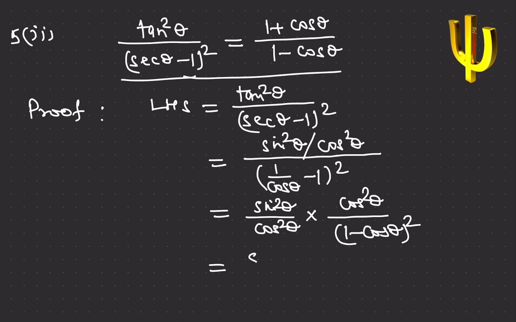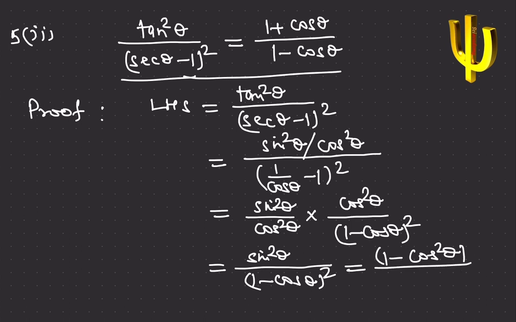So we have now sin square theta divided by 1 minus cos theta whole square. Sin square theta further can be written as 1 minus cos square theta divided by 1 minus cos theta whole square.